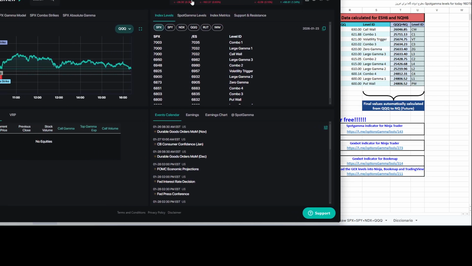For example, here are the gamma levels that are extracted from spot gamma for the SPX, SPY, NDX, and QQQ. All the levels here are the most important gamma levels from the ladders of all markets.